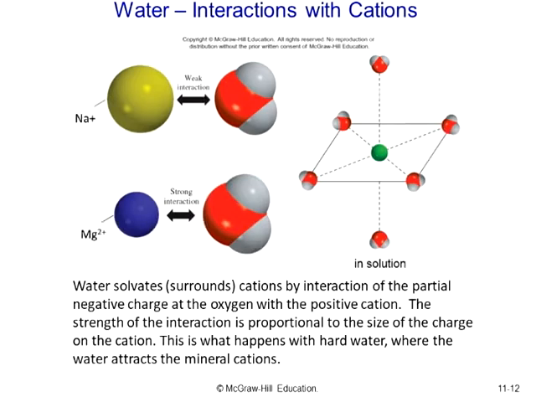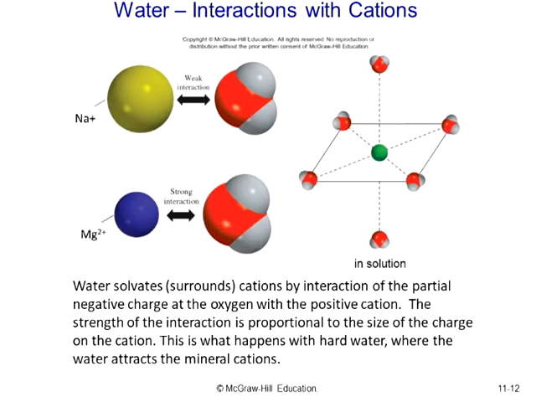The strength of the interaction is proportional to the size of the charge on the cation. So, sodium has a +1. Magnesium has a +2. Magnesium will have a stronger interaction than the sodium because the magnesium has a +2.